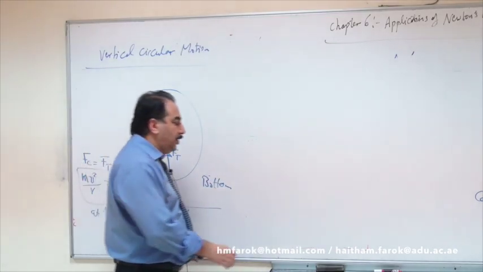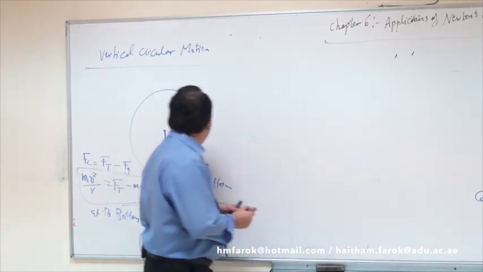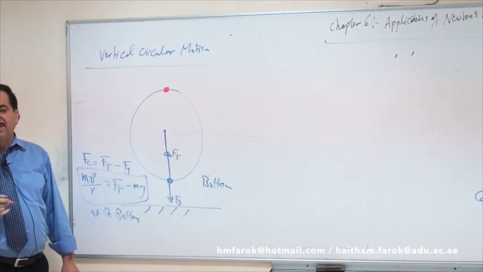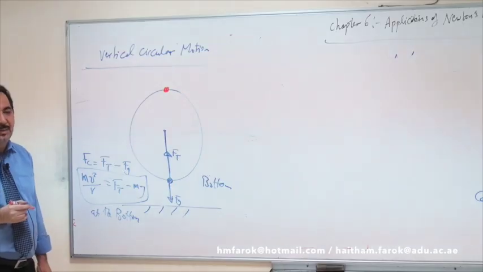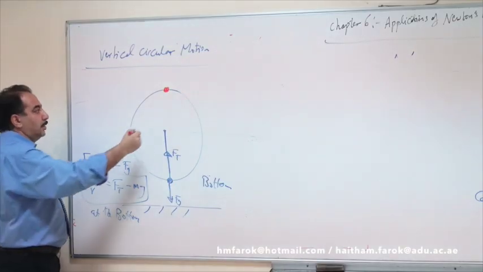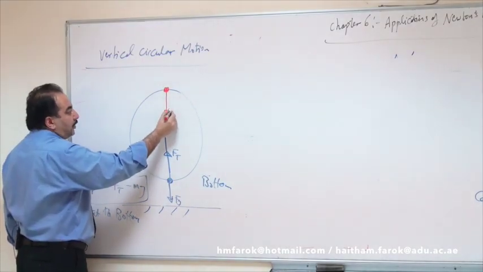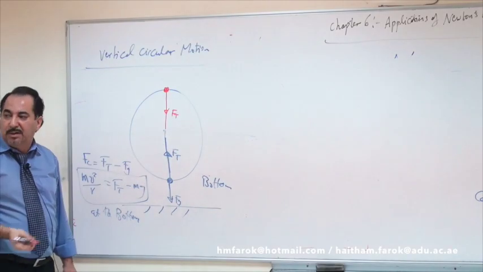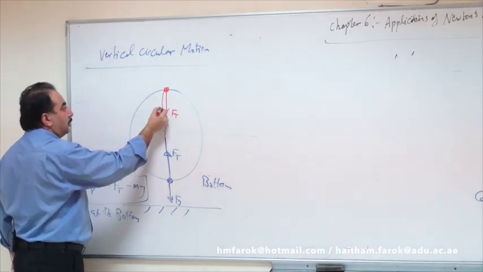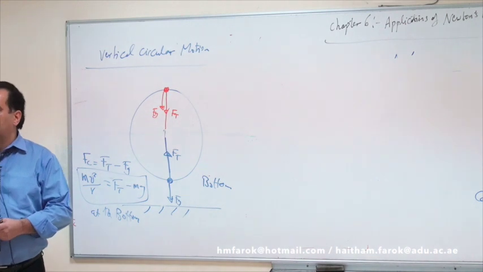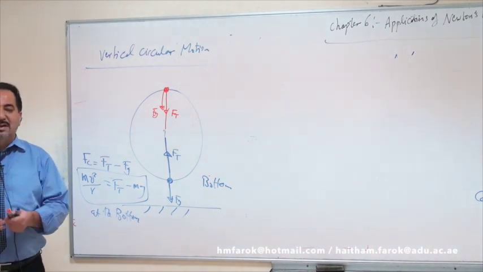Now, think of the top point. Here. What happens now? Which way is the tension? Which way is the cable at the top? Down, yes? Tension down. Which way gravity? Down as well. How many forces do I have towards the center? So what's the total?